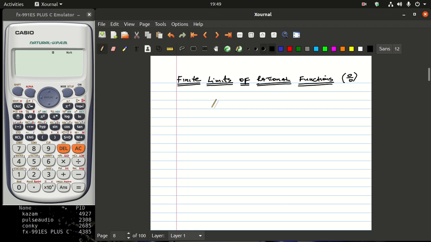The first kind of limits we'll look at is the finite limits of rational functions. From there we will look at one-sided limits, then limit rules, and then infinite value limits. I think that's how we will go with this.